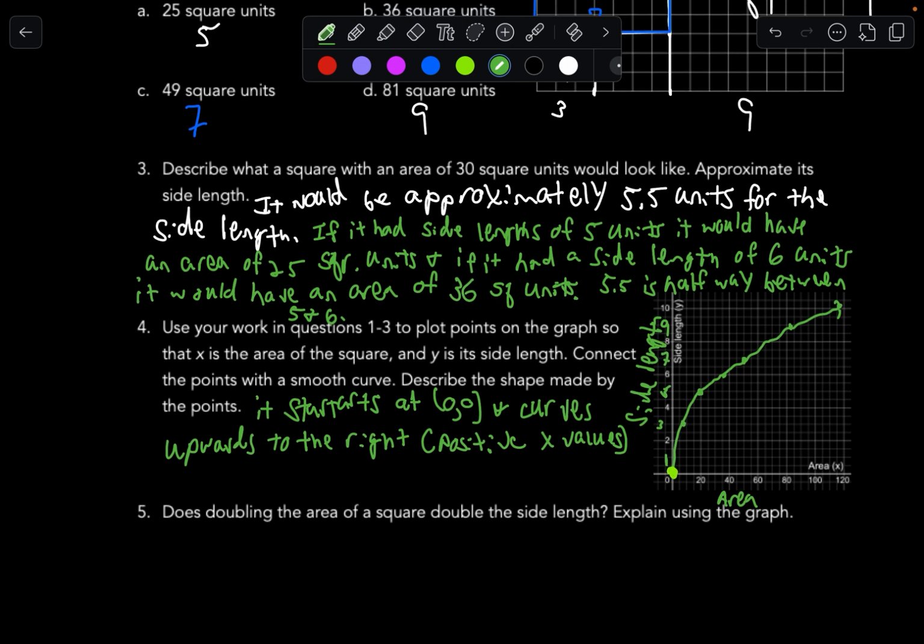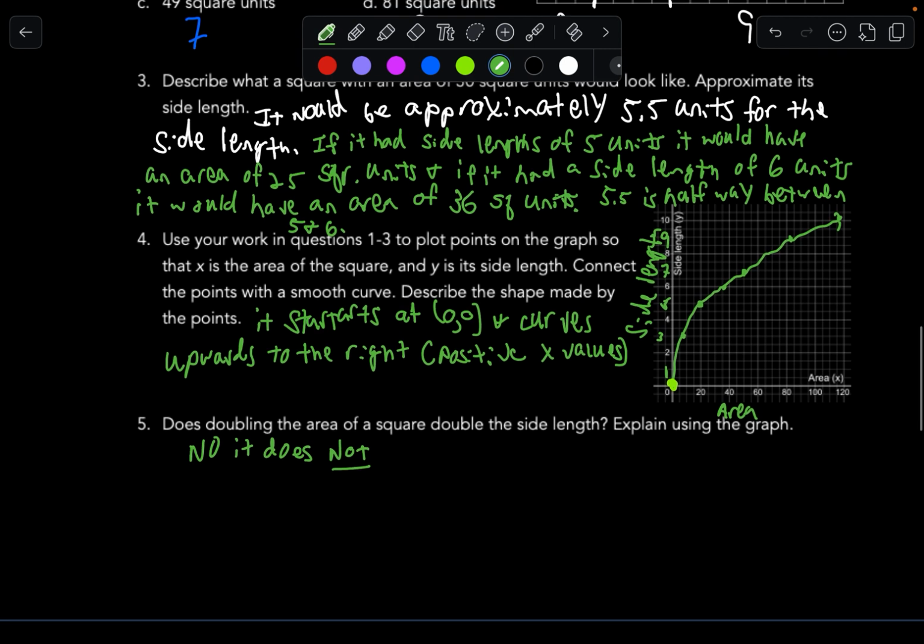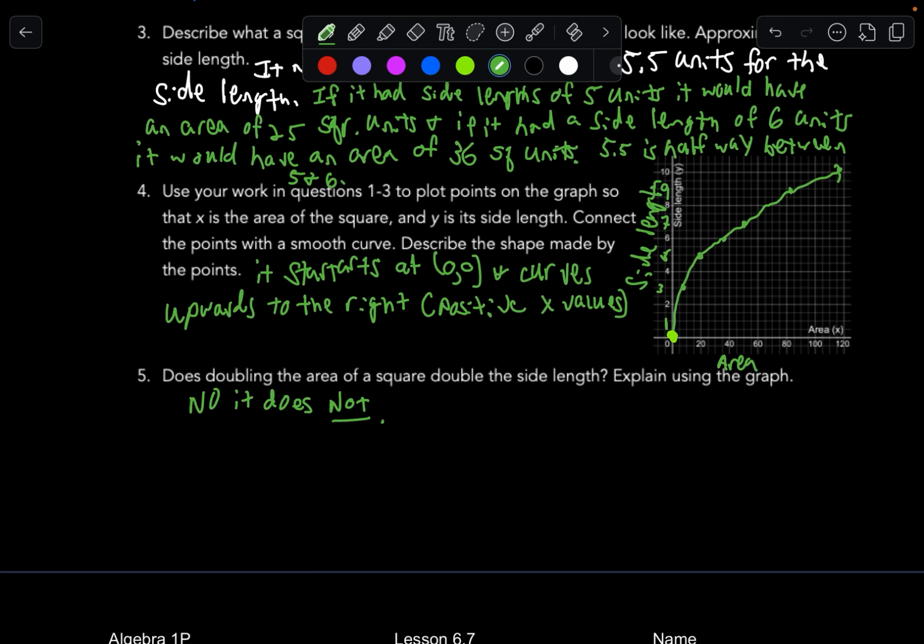Does doubling the area of a square double the side length? No, it does not. The graph grows fast at the beginning, right? You can see it here. It's going up fast and then starts to slow down in its growth as we get to larger values of x.